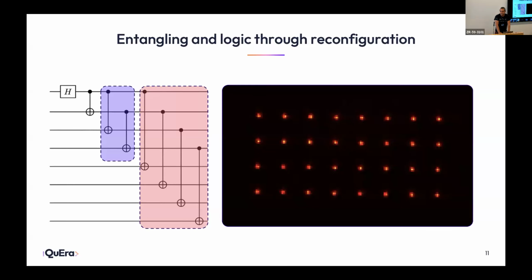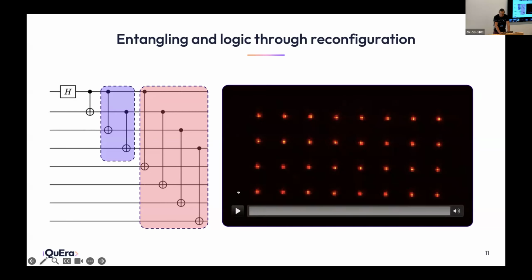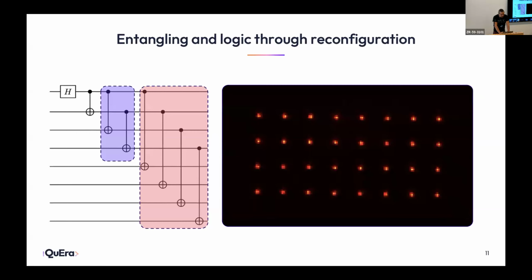This is not, okay? Every single point here is one atom. So if you never saw an atom, today you saw an atom. It takes about 3 by 3 pixels to see an atom here. And what I'm going to show you is how you rearrange these guys in order to generate a GHZ state in a logarithmic number of moves.